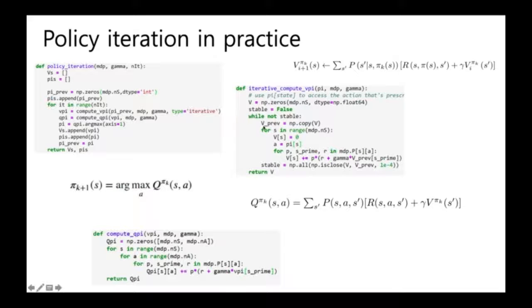Here, this for loop corresponds to looping over all next states. And this P corresponds to the transition probability. And here is the previous value.